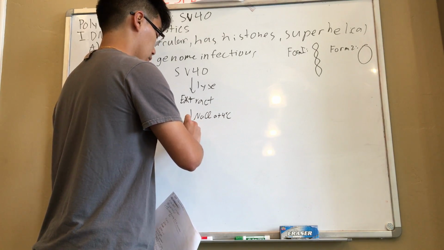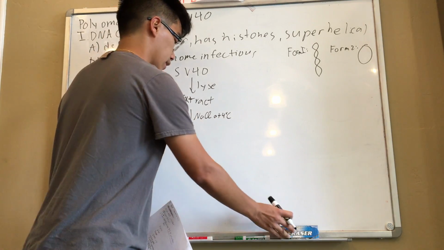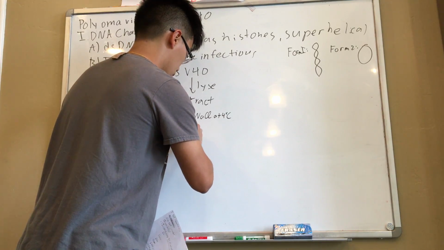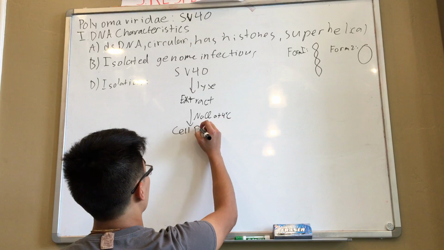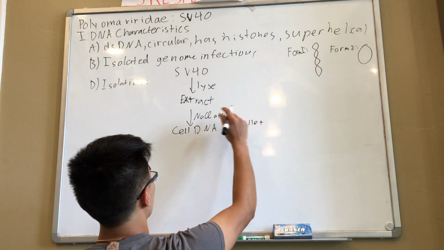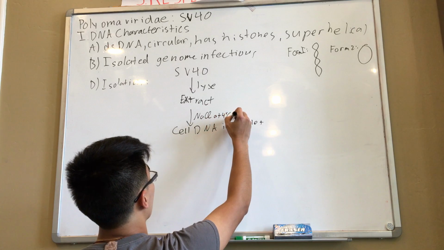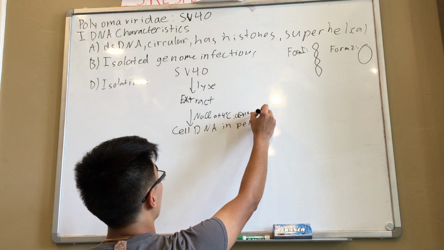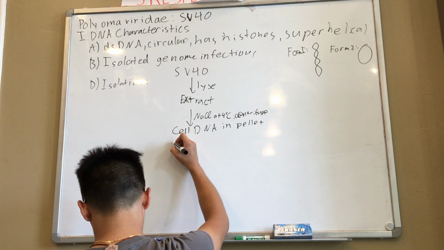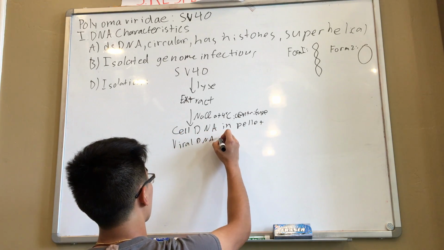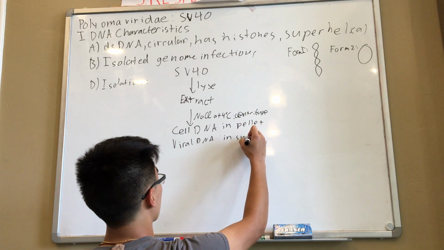What will happen is the cell DNA will be in a pellet, so centrifuge it. And the viral DNA will be in the supernatant.